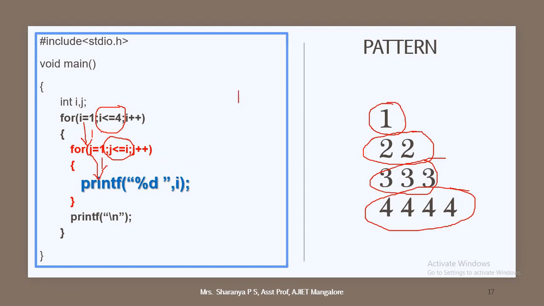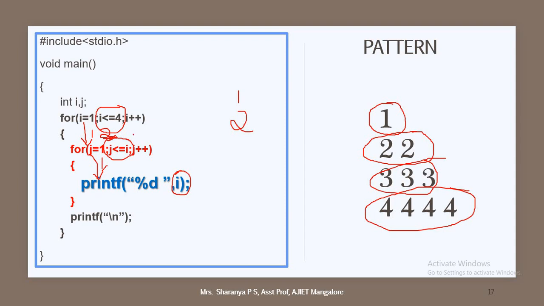Next time, with the I value 2, it will come inside the J loop, and J will be initialized with 1, and J is less than or equal to I. Yes, the condition is true. And now it prints the value of I. So what is the I value now? We started with I value as 2. Is it over? No, the I is now 2.